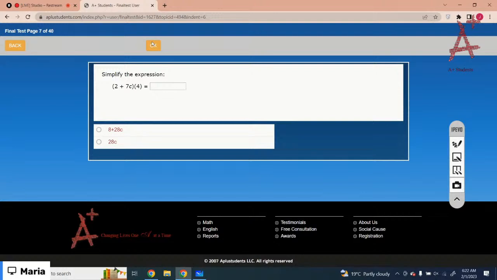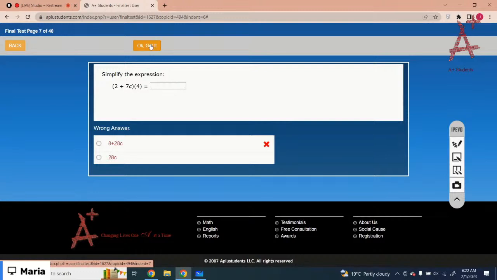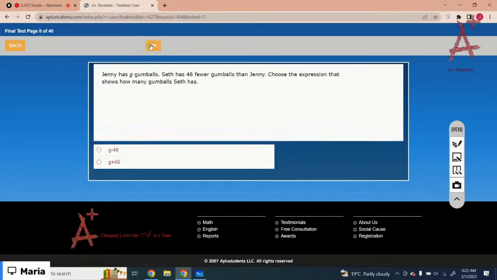So it would be 8 plus 28c, because 4 times 2 is 8 and 4 times 7 is 28. I don't know what's wrong with these questions. The correct option is 8 plus 28c.